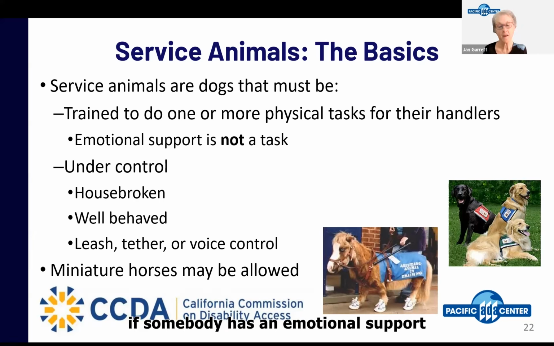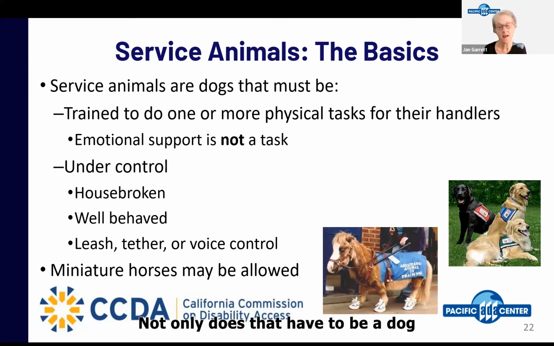And therefore, if somebody has an emotional support animal with them, that may be a very important animal for them, and they may really need that. But emotional support animals are not allowed in public places that have a no pet policy. Whereas service animals, you have to modify that no pet policy to allow a service animal.